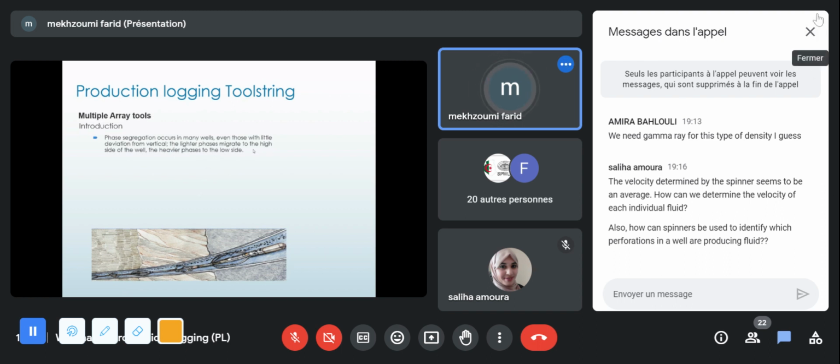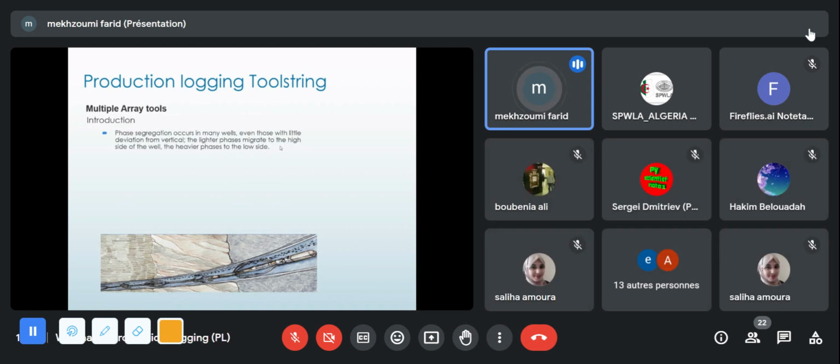If we take a normal production logging tool, inside I have one spinner. Part of it will rotate inside water, another part inside oil, and another part inside gas. However, the three phases are flowing at different velocities.